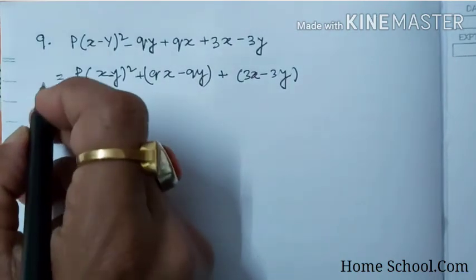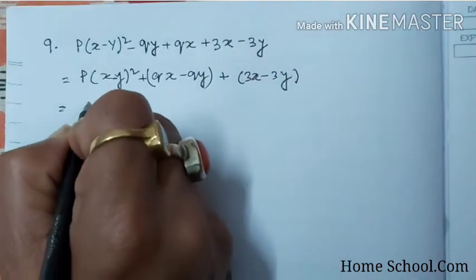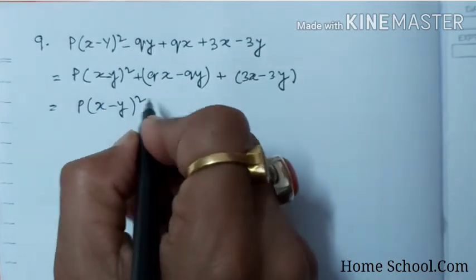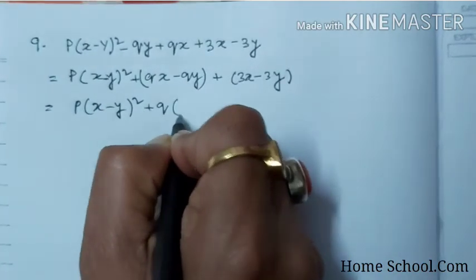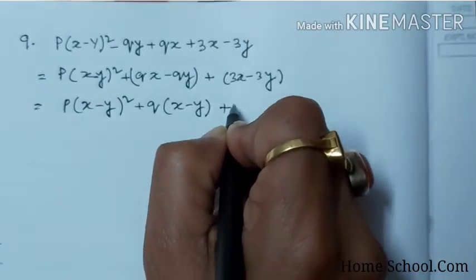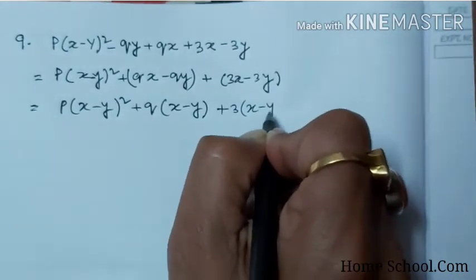While doing it, p(x minus y square), plus you can take q common, so q(x minus y), plus you can take 3 common, so 3(x minus y).